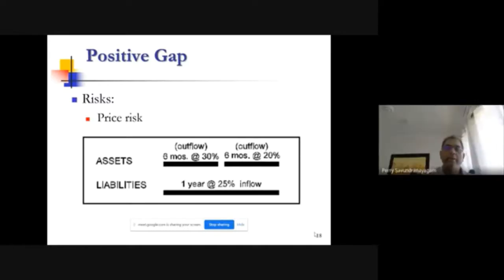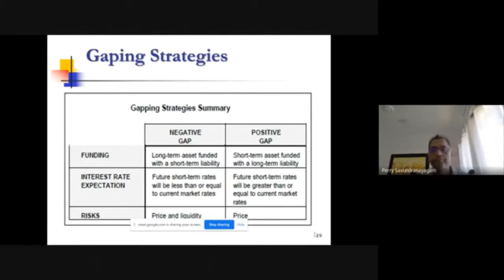With a positive gap, you have a view that interest rates will be greater in the future. With a negative gap, you have a view that interest rates will be less than or equal to current market rates.